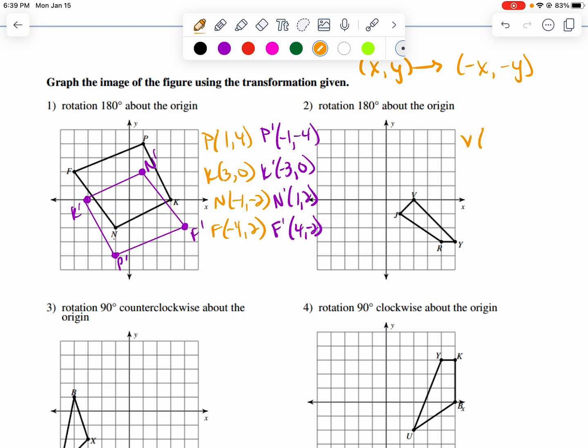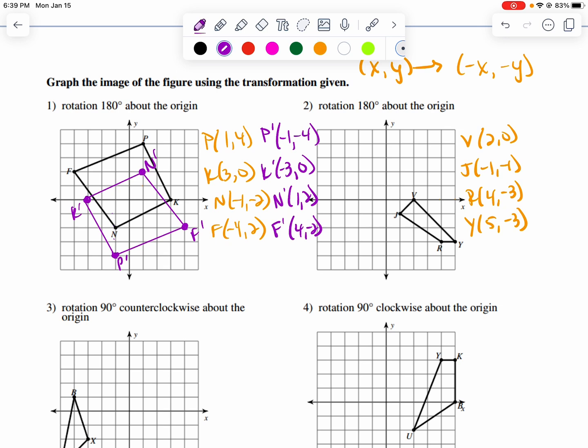V is the ordered pair 2, 0. J is at negative 1, negative 1. R is, let's see, 1, 2, 3, positive 4, negative 3. And Y is at 1, 2, 3, 4, 5, negative 3.